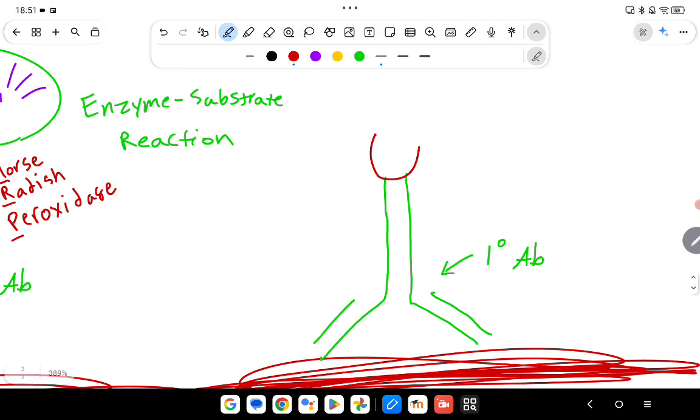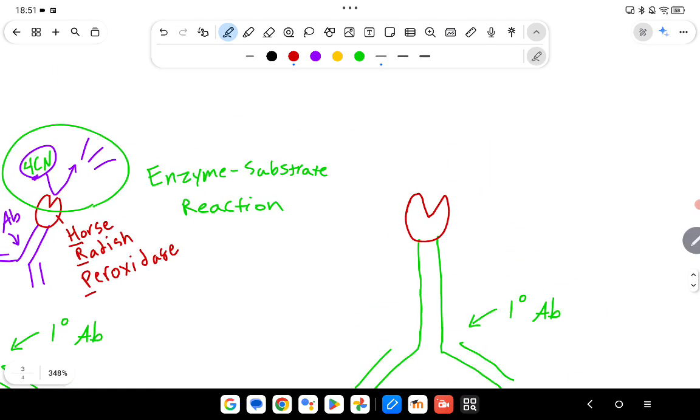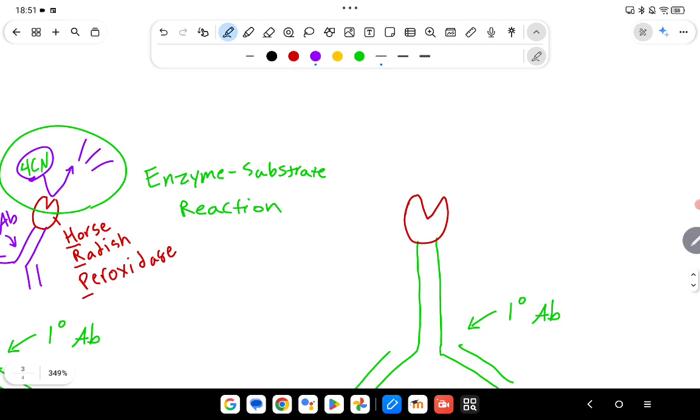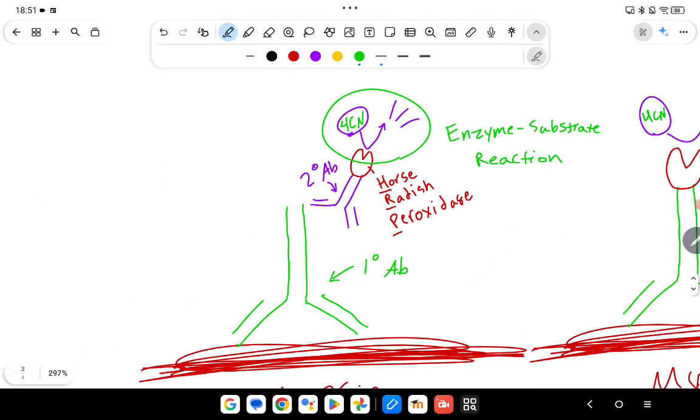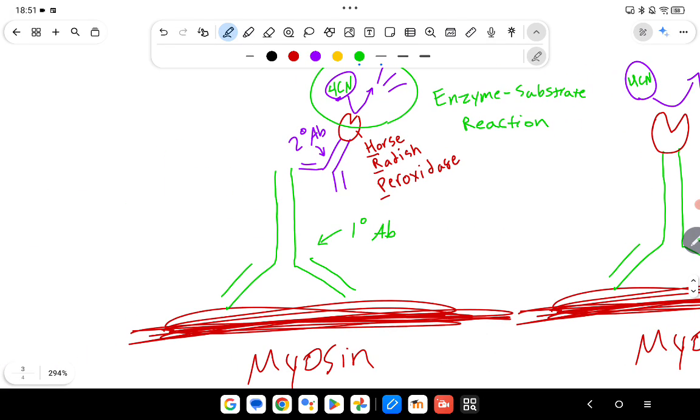The reason this is less efficient is because over here with the secondary antibody, you can have a stronger signal because you can have multiple secondary antibodies with that enzyme attached on one primary antibody.